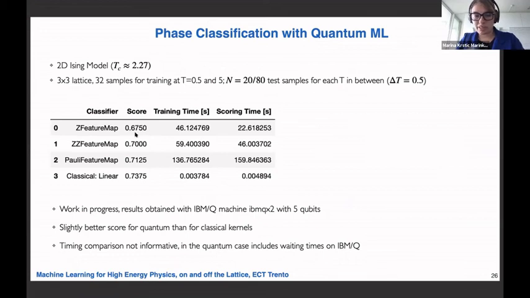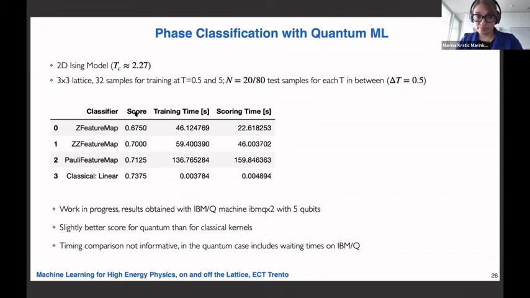Since we know the actual label of each element of the data set, we can compute in which percentage the algorithm correctly classified the particular configuration.